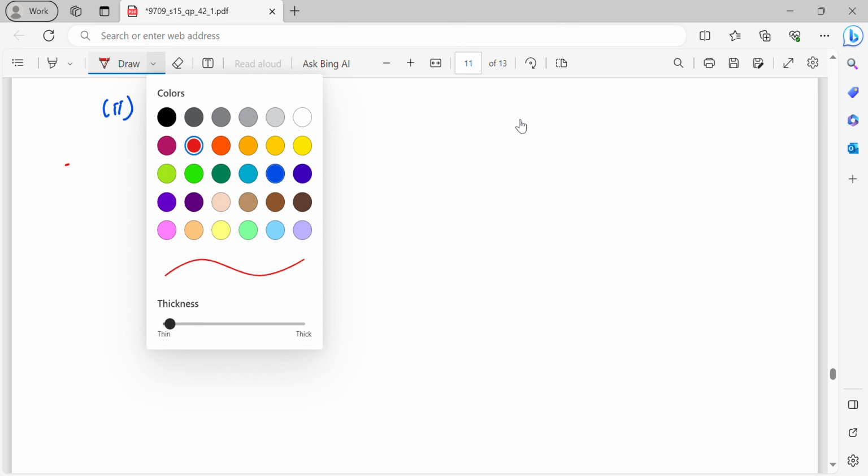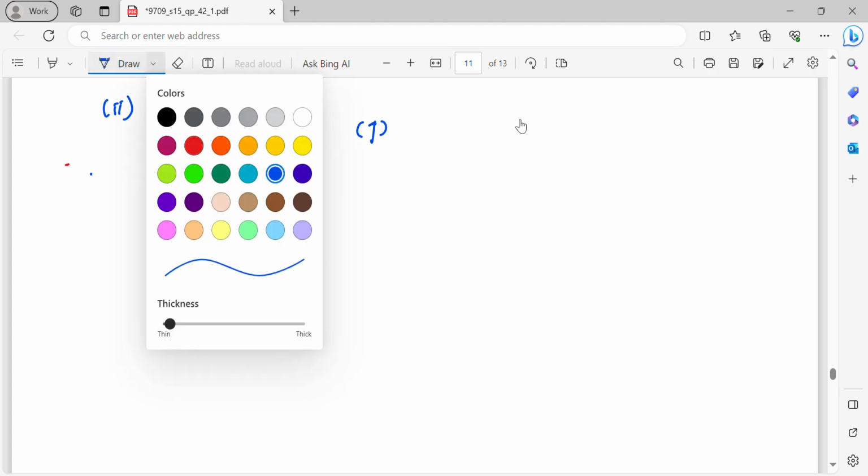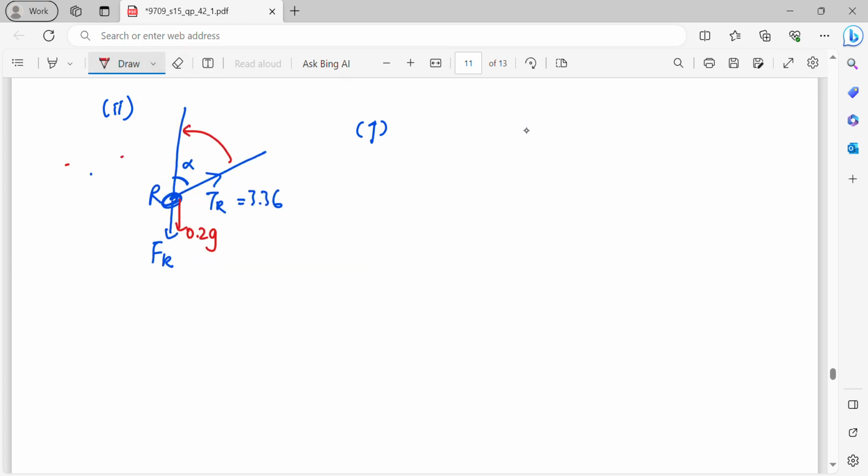And don't forget this is alpha. So now I refer to the vertical force. I resolve this TR vertically, and it is in limiting equilibrium, so it is still not moving yet. So I will get TR cos alpha, because I'm resolving using its own angle, equals FR plus 0.2 g.